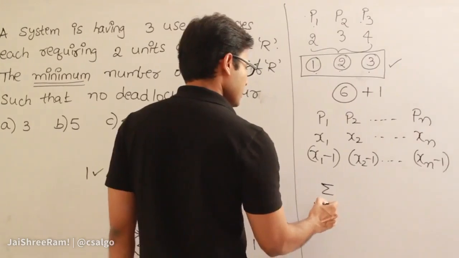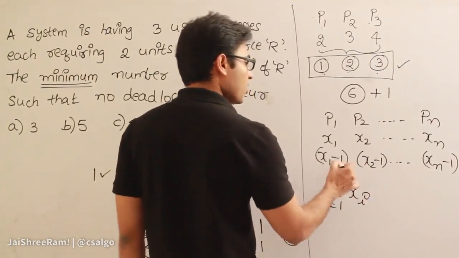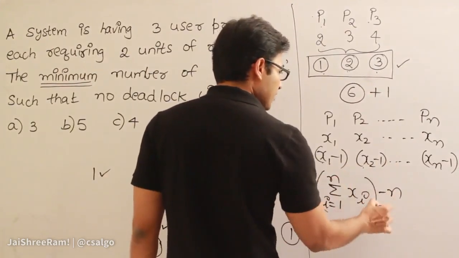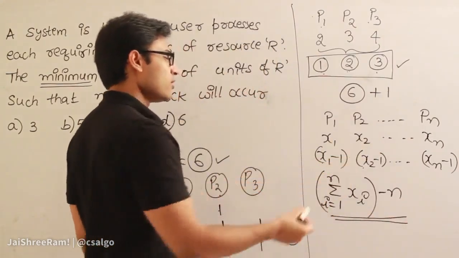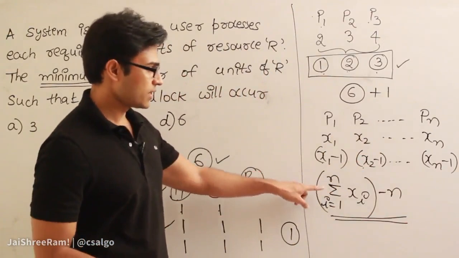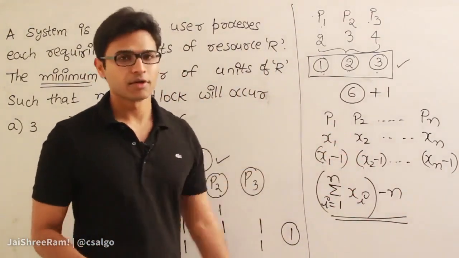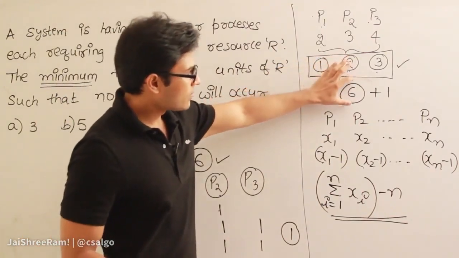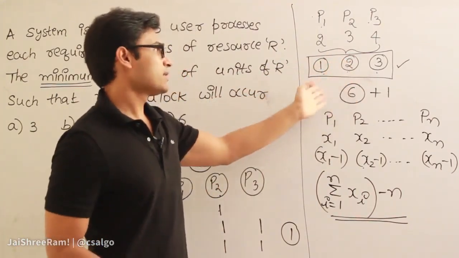Sigma i equal to 1 to n of xi, which means I am adding all of these, minus n. Even if I have these many resources, still there is a possibility of deadlock. This is the maximum number of resources, even after giving which there will be deadlock. Anything less than this, definitely there will be deadlock. Got it? So here I am saying that even after giving 6 there will be deadlock, and even if you give anything less than 6 there is deadlock.